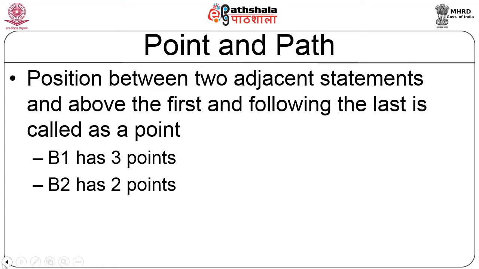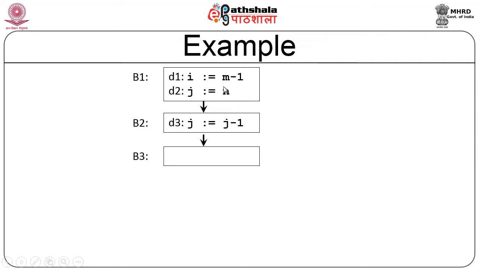For example, basic block 1 has two statements. Between definitions D1 and D2, I have a point. There is one point above D1 and one point below D2. Similarly, for block B2, there is a point above statement D3 and a point after statement D3.